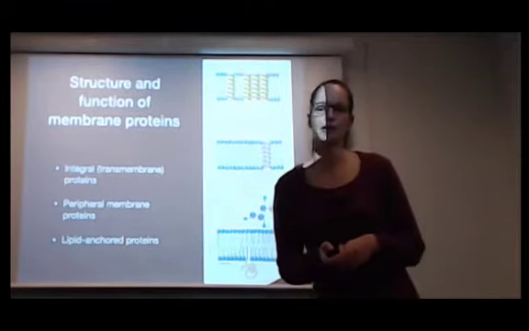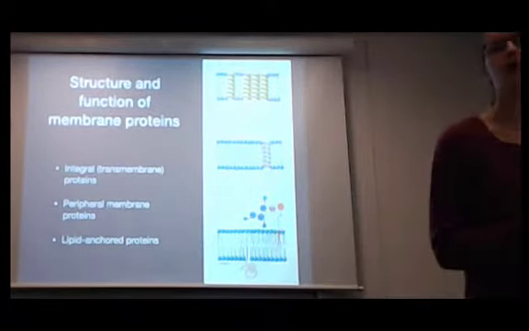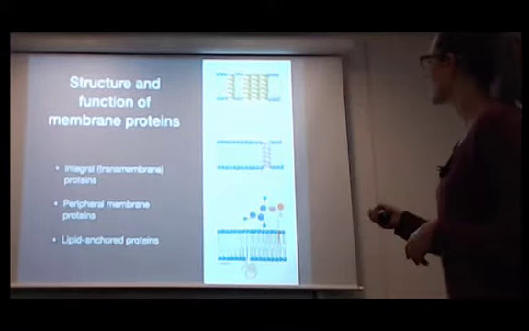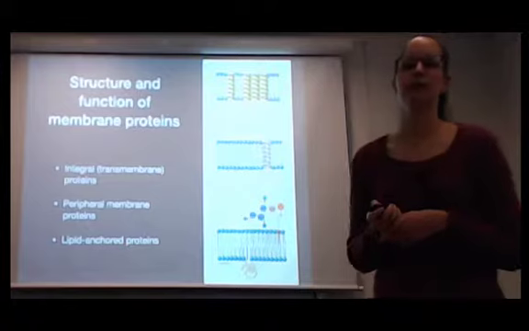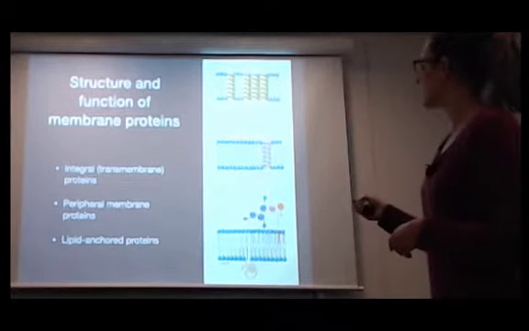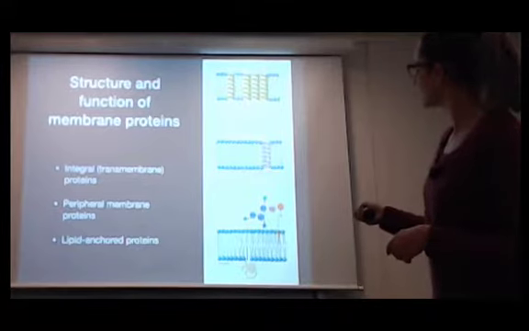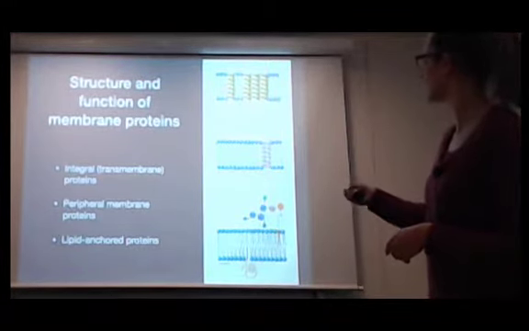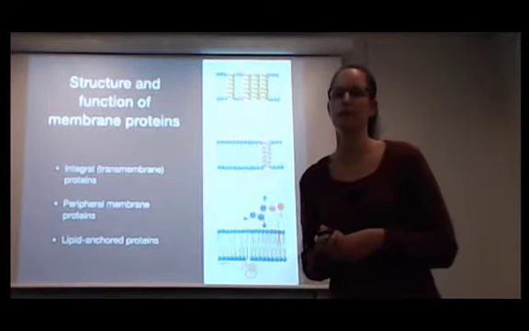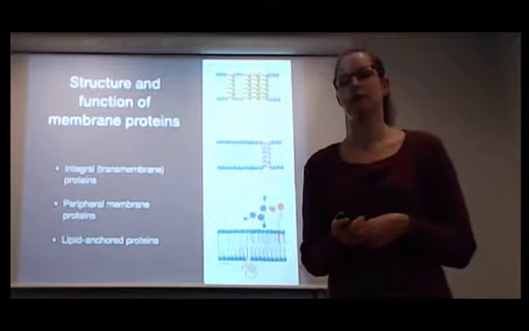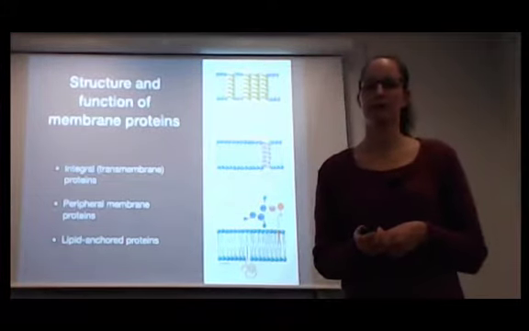Especially in eukaryotic proteins, reality is much more complicated, and in general you not only have integral or transmembrane domains, but you also have peripheral domains. On this figure you can see that you have an intracellular domain, an extracellular domain, and a transmembrane domain, and this is usually the case in more complex membrane proteins. We'll see that in a few examples in a minute.